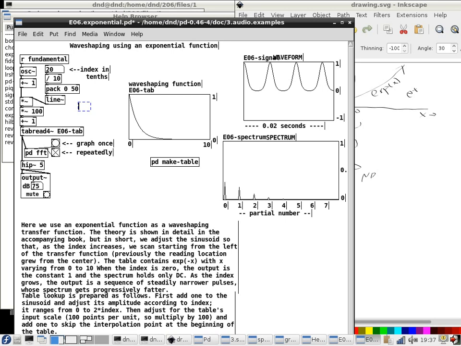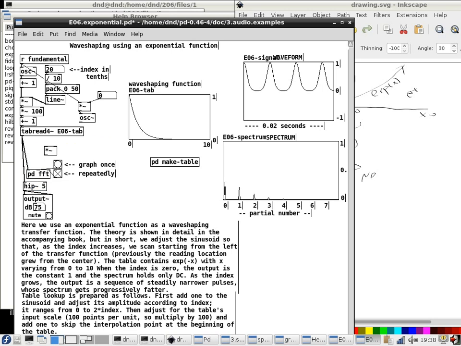So if I took the fundamental again and multiplied it by some nice integer, and make that be an oscillator, and then multiply that oscillator by the result of this process, I've got no change so far because this is 0, but if I start giving this some frequency like this, nothing happens. What have I done wrong?